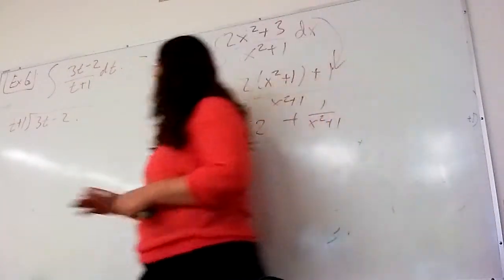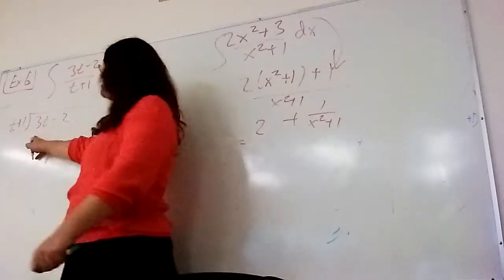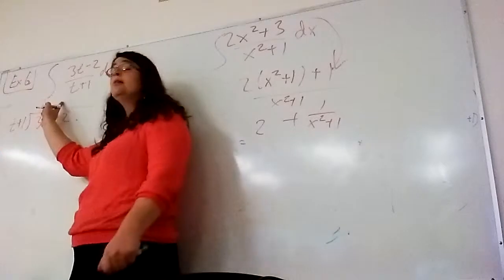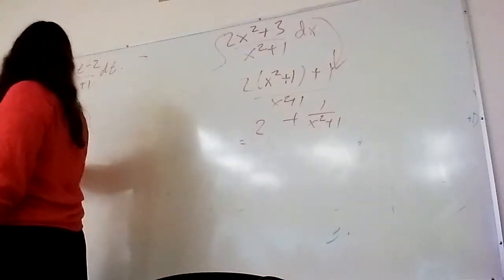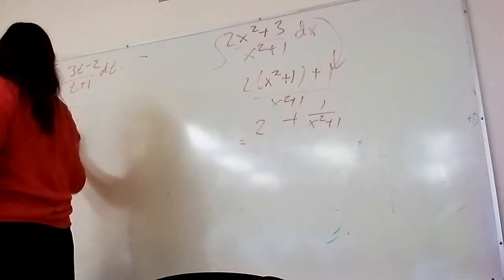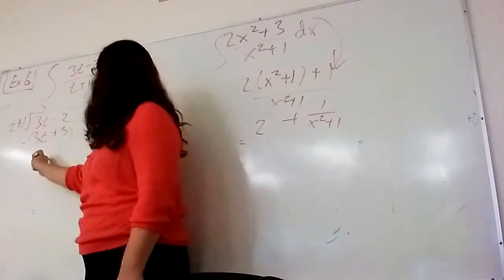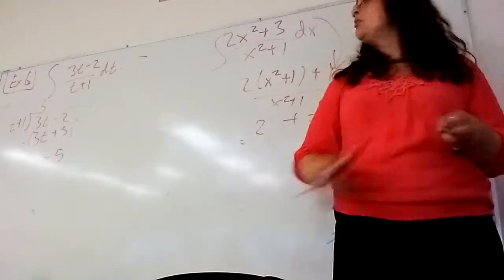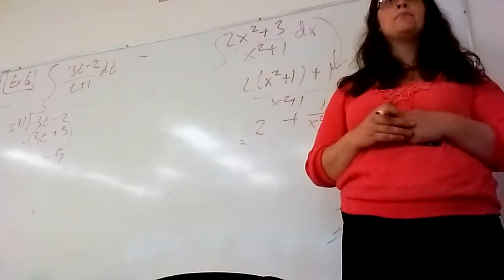How many times does t go into 3t? It goes in 3 times, since 3t divided by t is 3. Multiply: 3 times t is 3t, 3 times 1 is 3. Subtract: negative 2 minus 3 is negative 5. There's nothing left to bring down.